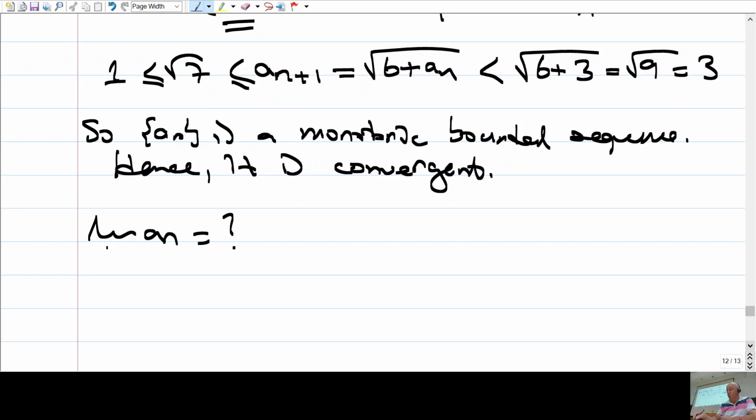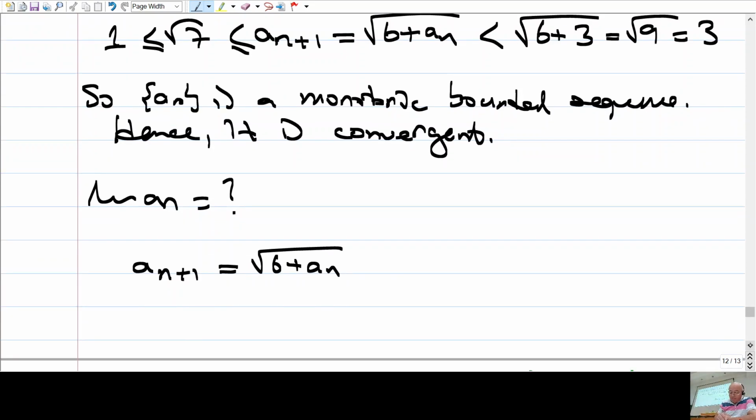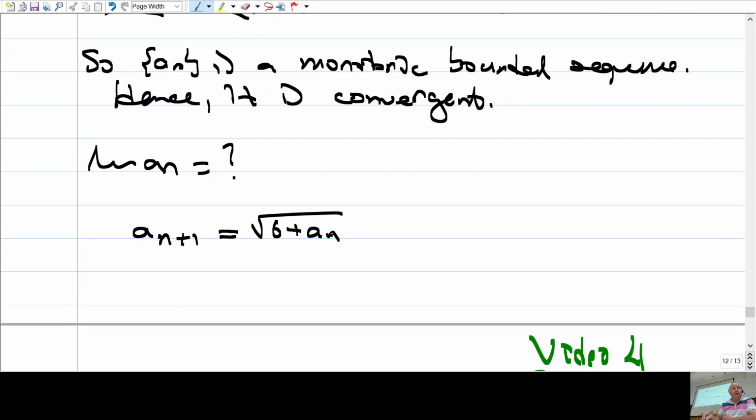Now we would like to find out, since it is convergent, what is the limit? What is the limit of this sequence? And there we use, again, the relation. Well, we have this relation, a(n+1) equals square root of 6 plus an. We take the limit of both sides, okay? Limit of a(n+1) equals limit of square root of 6 plus an.